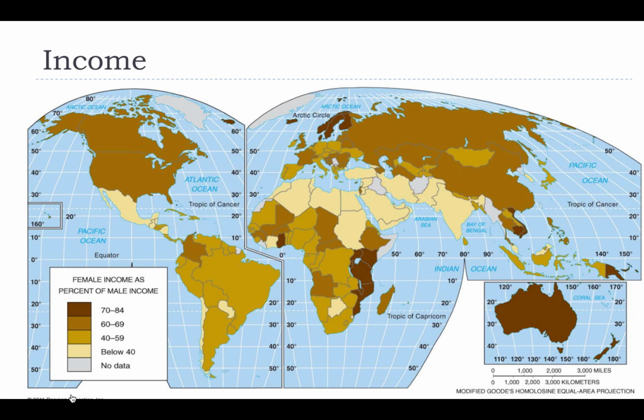We can see that with female income to male income. We can see that in parts of sub-Saharan Africa, women earn almost as much as a male. And then in Australia, a woman earns closer to a male's wage, which is much higher than in the United States.